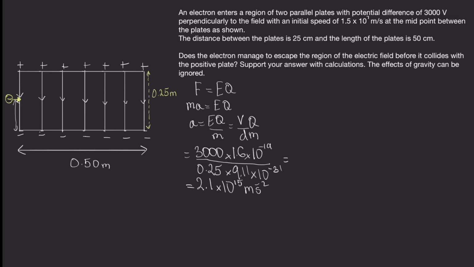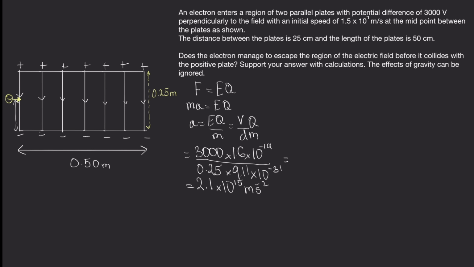The electron will end up being attracted towards the positive plate along here, and the question is, is it going fast enough to leave the surface? Well, let's figure out how long it actually takes for the electron to strike the vertical surface. So this distance here will just be given by 0.125 meters, which is just half of it.